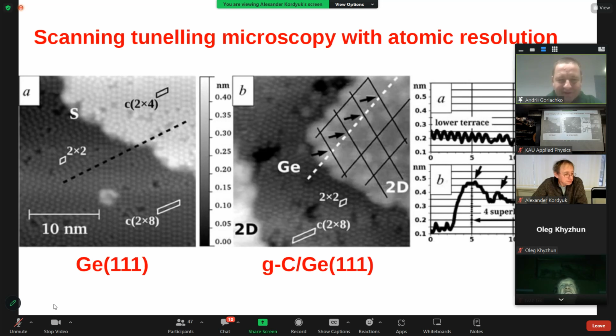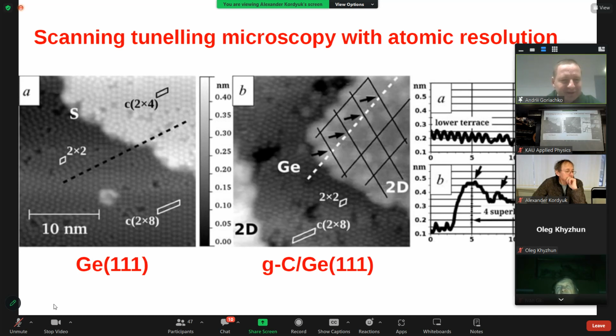There are always some impurities. Carbon is a very common impurity when you prepare a semiconductor surface like silicon or germanium. We consider that the surface is atomically clean, but that means it's clean to a certain extent. Some impurities can still be present on the surface.